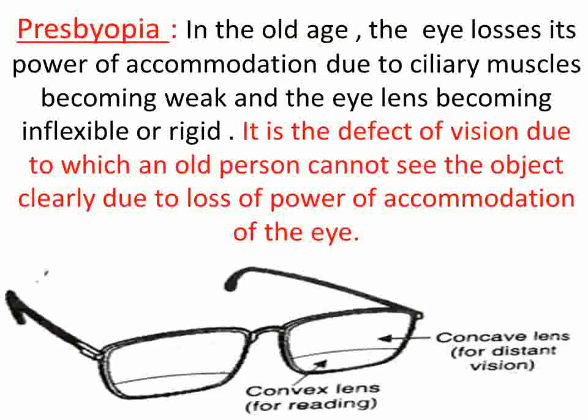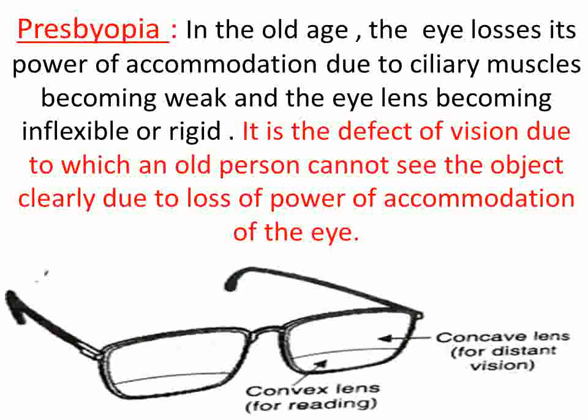Presbyopia: in old age, the eye loses its power of accommodation due to weakness of the ciliary muscle. Because of this defect of vision, an old person cannot see objects far away as well as objects nearby. Both defects arise in a single eye, due to loss of power of accommodation of the eye.